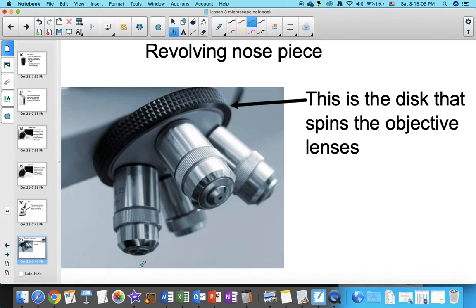The revolving nose piece. It's this disc up here. This disc's job is to spin the objective lenses. So again, this is the second time we've mentioned objective lenses. Just a quick preview: these are the objective lenses. When you're changing from lens to lens, you spin the revolving nose piece.